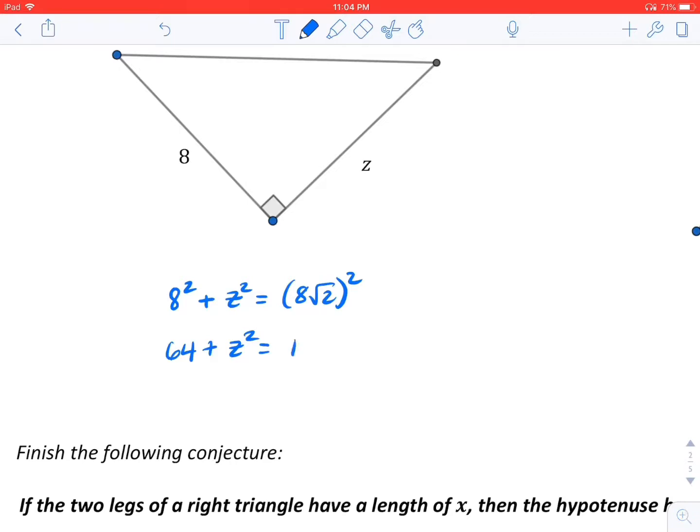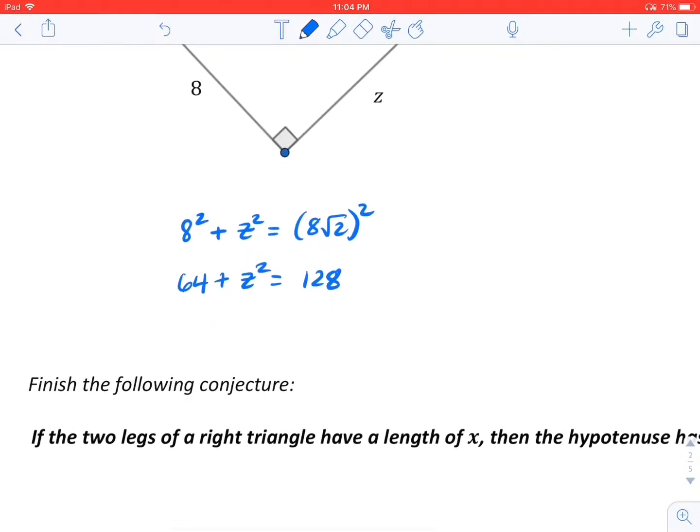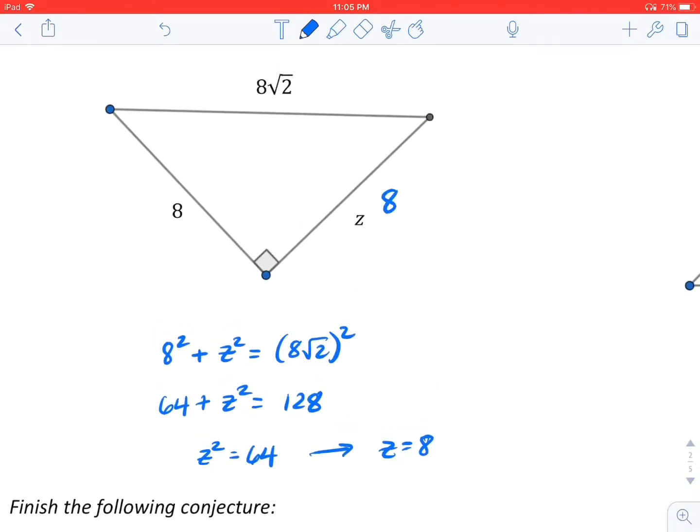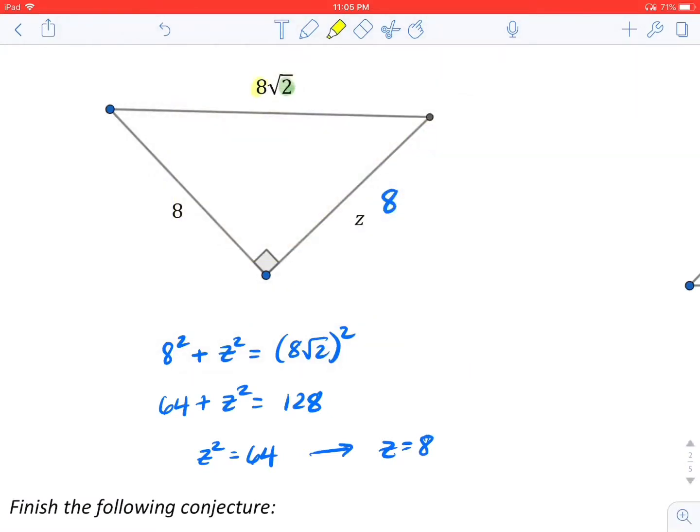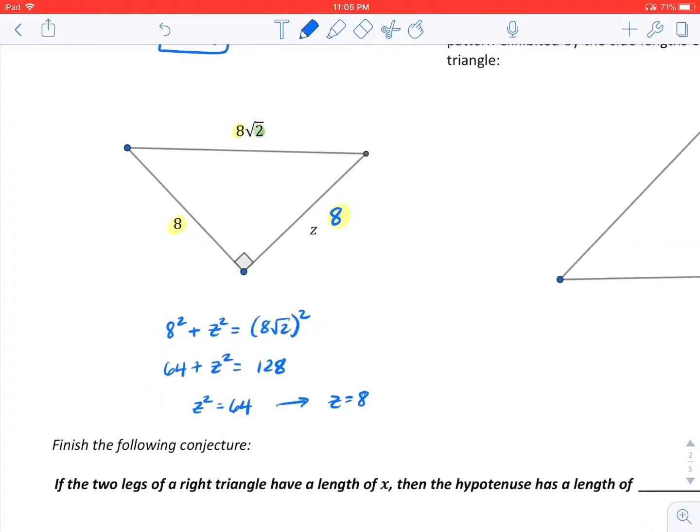That's 128. When I subtract 64 from both sides, z squared is 64, meaning that z better be 8. Oh my gosh, there's that relationship again. There's the square root of 2. There's the factor of 8 outside the radical for the hypotenuse, and the two leg lengths are of the same value.